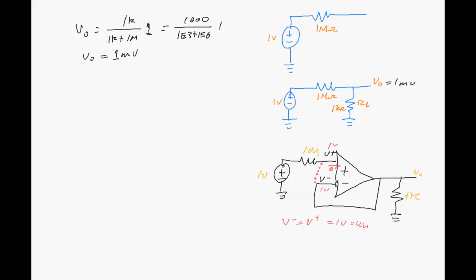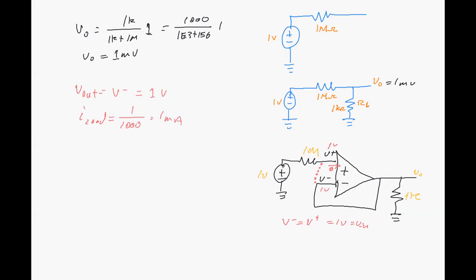And the 100% negative feedback means that V out will be 1 volt. And the load current would now be 1 volt over 1,000 ohms, which is 1 milliamp.